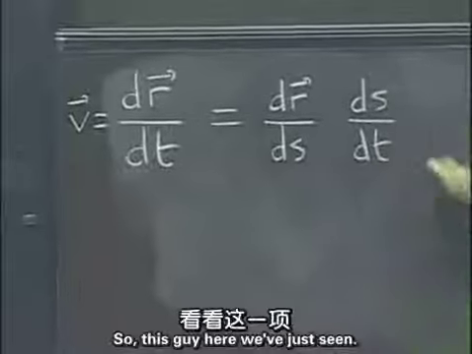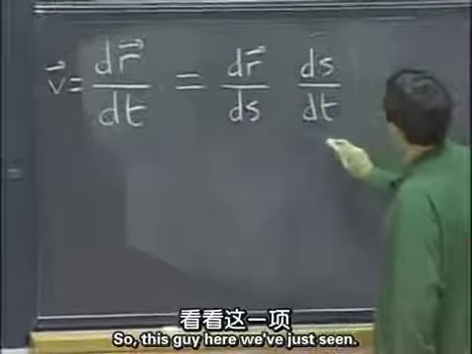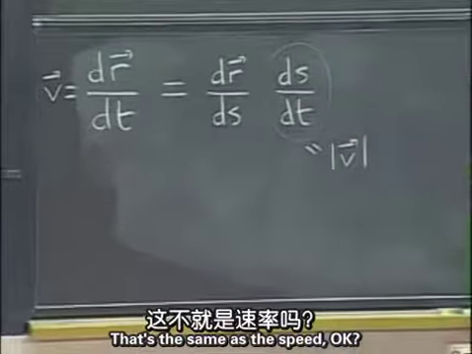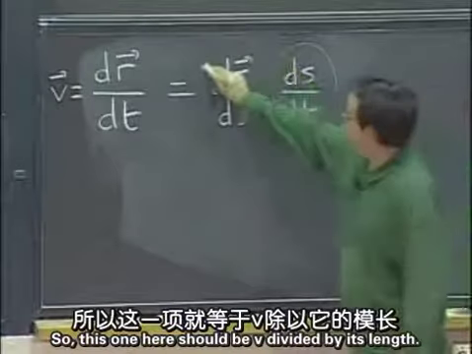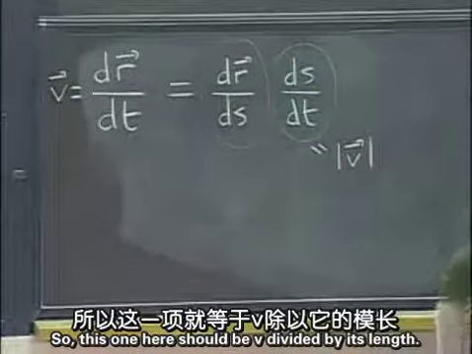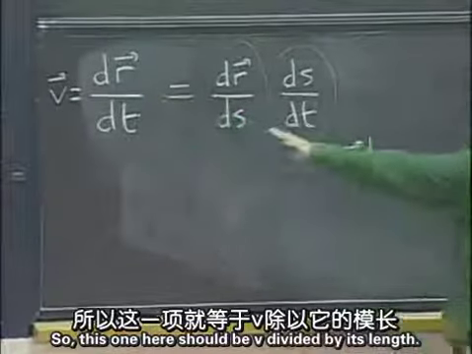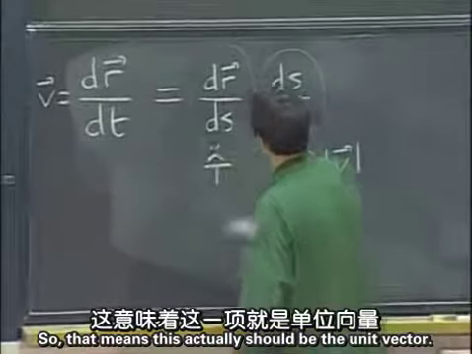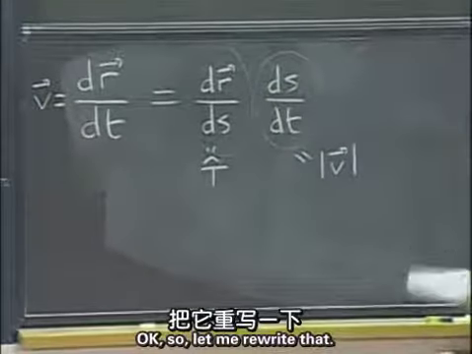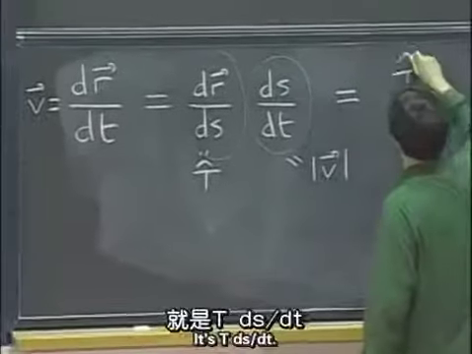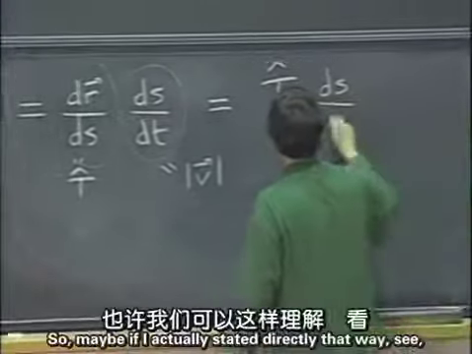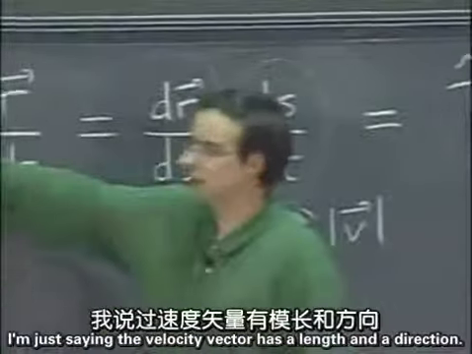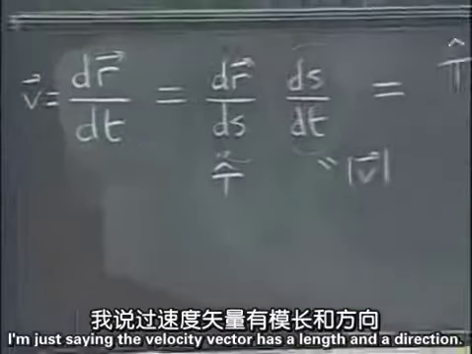So this guy here, we've just seen that's the same as the speed. Okay? So this one here should be v divided by its length. So that means this actually should be the unit tangent vector. Okay, so let me rewrite that. It's t ds dt. So maybe if I actually state it directly that way, see, I'm just saying the velocity vector has a length and a direction.